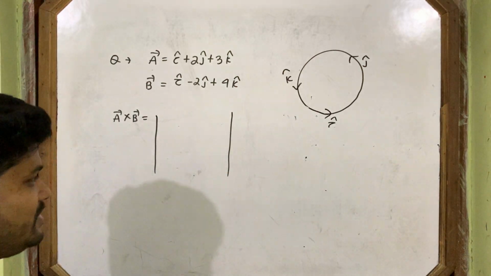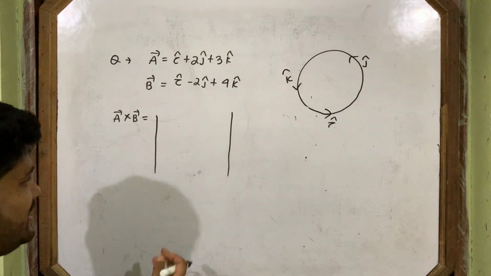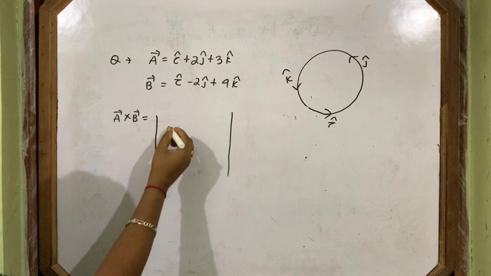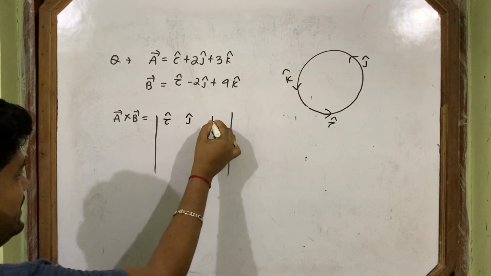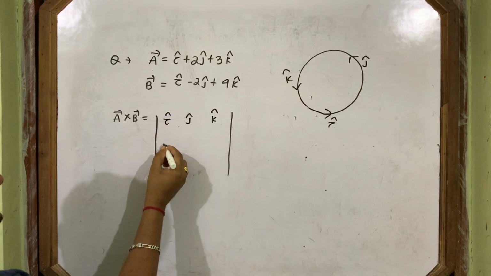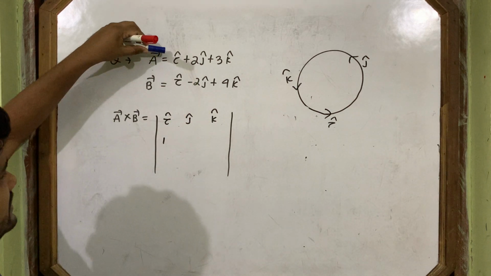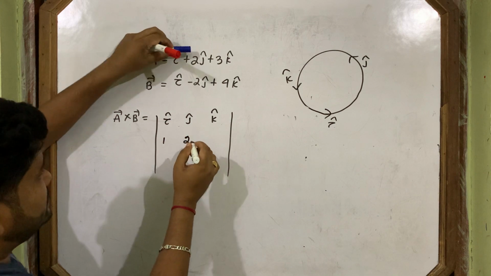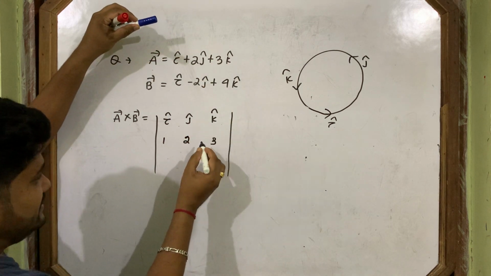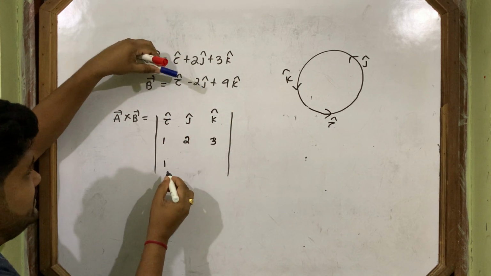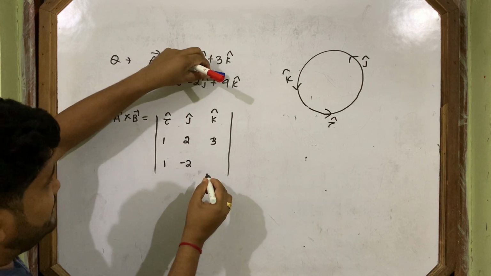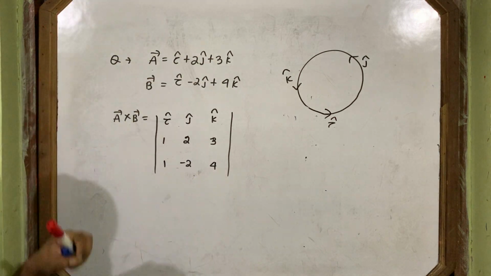Okay, so now I'm telling you the answer of this cross product. You have to write by determinant method. You have to do like this. This row is i, j, k, then 1, 2, 3, then 1, minus 2, 4.